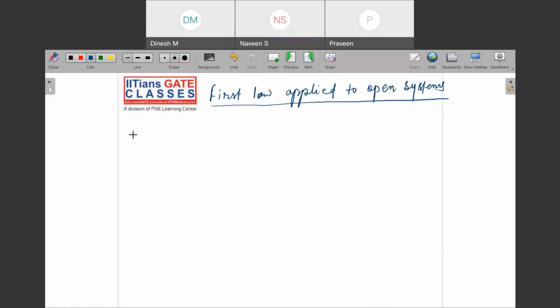When you are applying the first law to an open system, you should know how we define an open system.